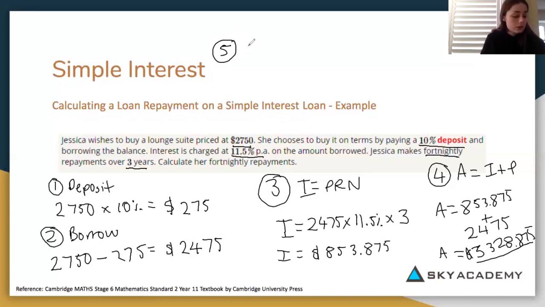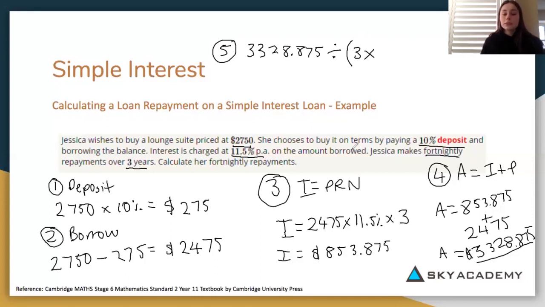And so we're going to do 3,328.875 divided by the fortnightly repayments. So she's repaying it over 3 years. And we have to figure out how many fortnights are in 1 year to figure out how many fortnights would be over 3 years. So fortnightly is just every 2 weeks.